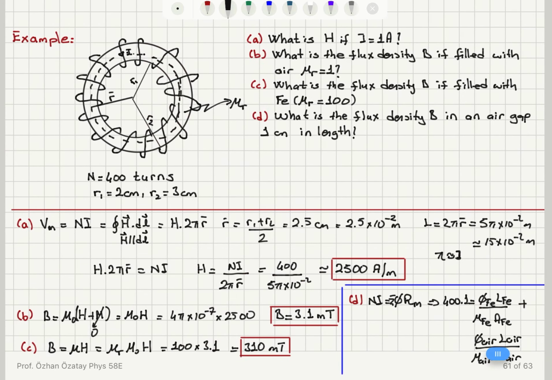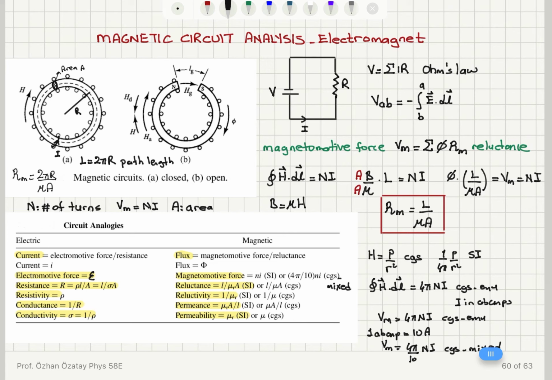Okay, so let's summarize what we said. If you consider an electrical circuit where we have Ohm's law, the electromotive force V is equal to the sum of the currents and resistances in the circuit, where the voltage between 2 points A and B, VA minus VB, is equal to minus the integral from B to A of E dot dl, the electric field times the dl vector.